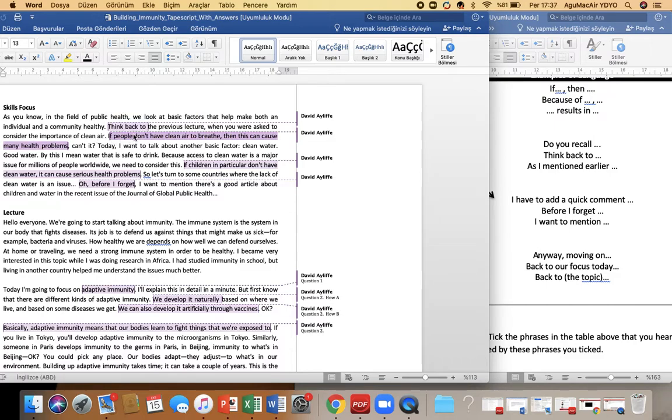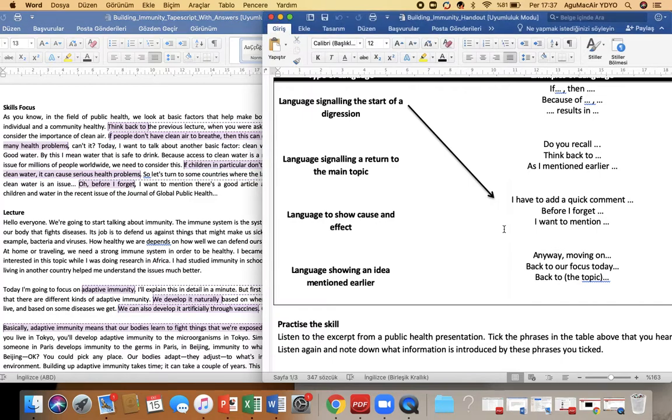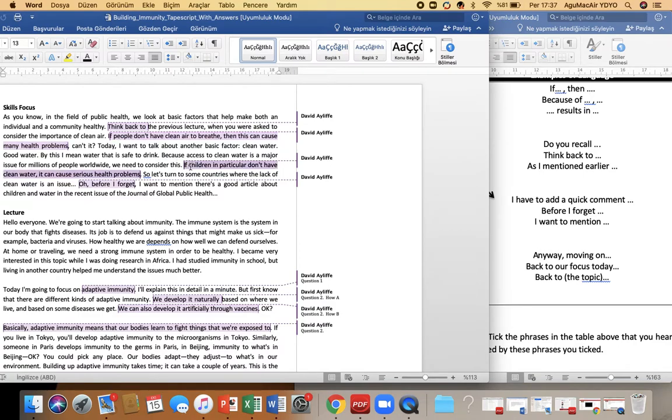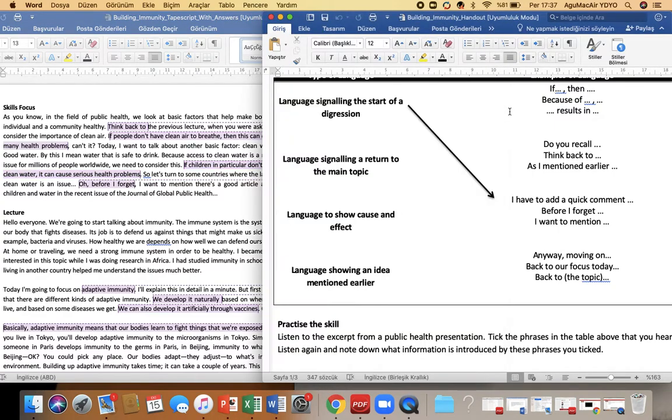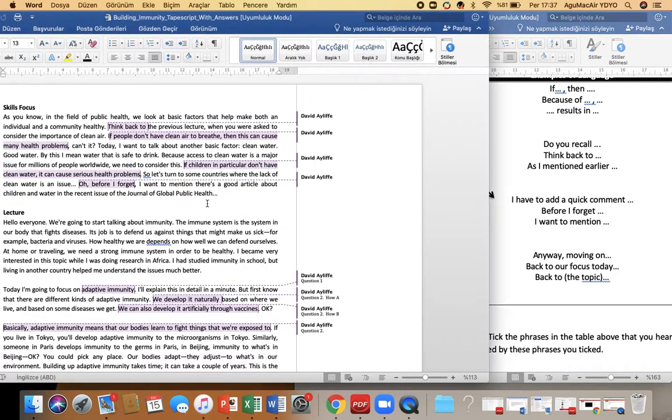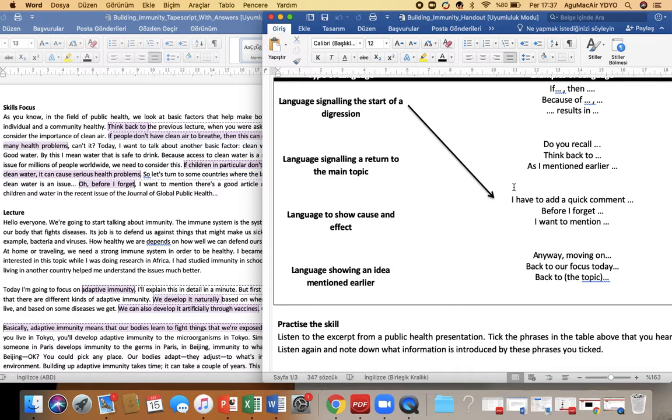And also this one is showing the relationship of cause and effect, if, then. And the other one is, again, we have if, then here, like cause and effect. If children in particular don't have clean water, it can cause serious health problems. So this is another one showing cause and effect. And the last one is before I forget, and it belongs to here, right?